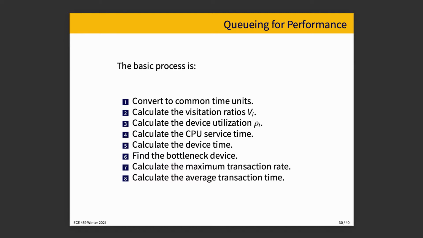You can work out whether the GPU is in fact a bottleneck device, and what the maximum transaction rate is. How many more students can take ECE 459 before someone in a server room starts crying? I guess we'll find out, won't we?